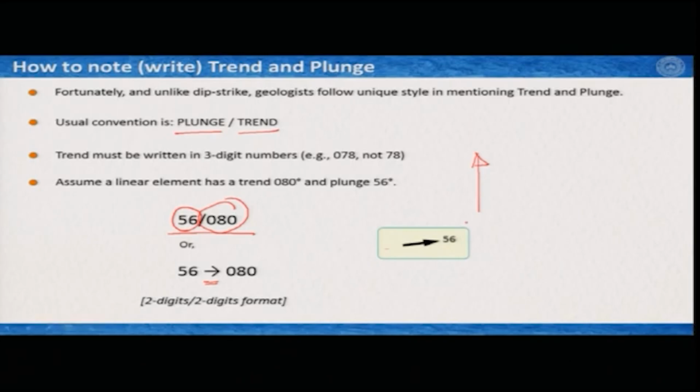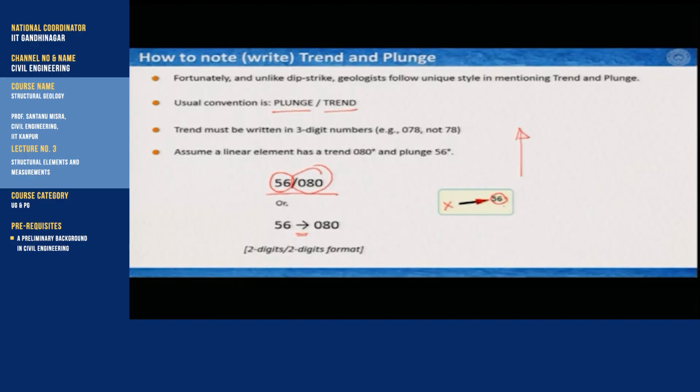If the plunge is 56 degrees towards 80 degrees, then you mark an arrow towards that side, not in this side, but in this side, because this is the direction your line is sloping or plunging, and it is 56 degrees. So, this is how you write.